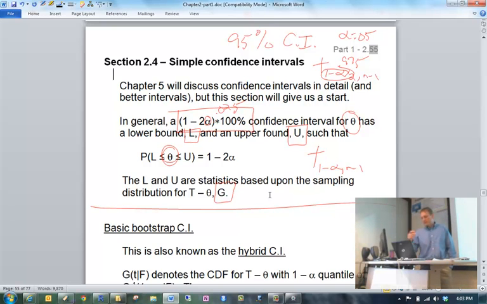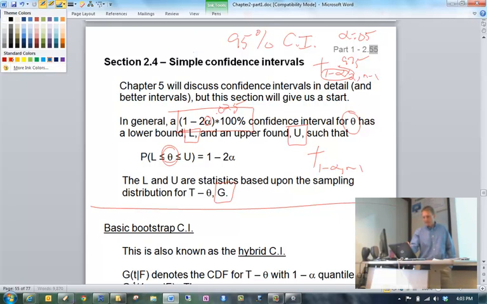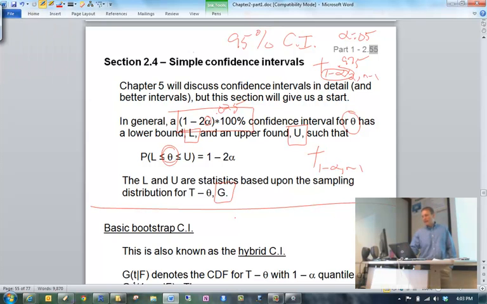So these L and U are statistics, so they're based upon the sampling distribution for T minus theta. And the actual interval in the end that you would calculate is, you replace the random variable version of the statistics with their observed values. So if this is, let's say, a lowercase l, l is less than theta, which is less than a lowercase u, of course. And that is the actual interval itself.